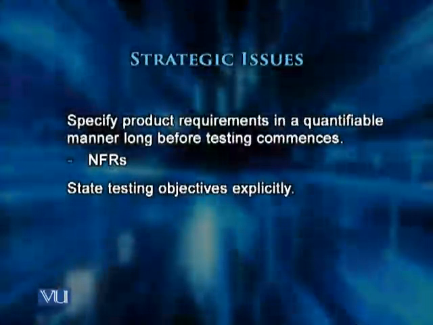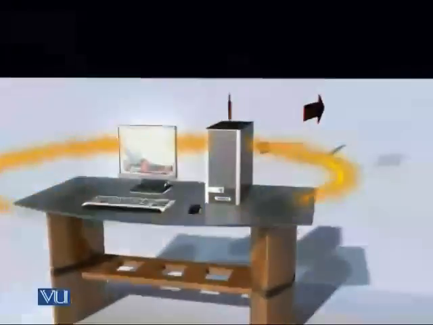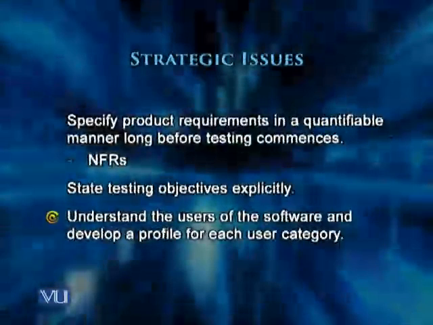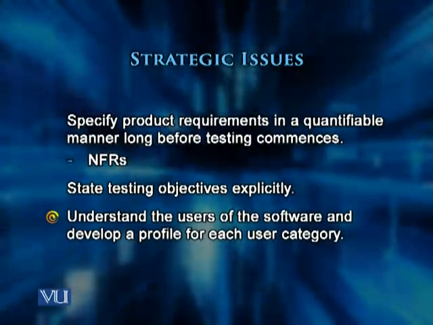Also, we need to state the testing objectives explicitly. Why are we performing testing? And this needs to be conveyed to all the people involved in different aspects of test planning, test case generation, or conducting tests. We must also understand the users of the software and develop a profile for each user category.